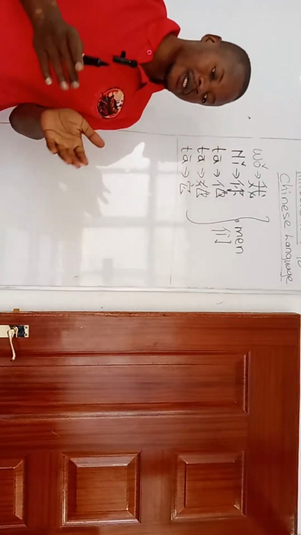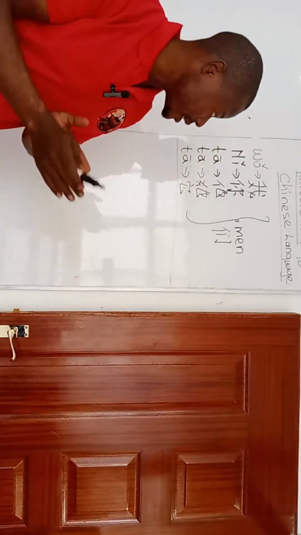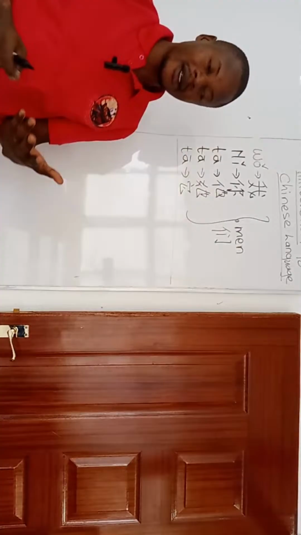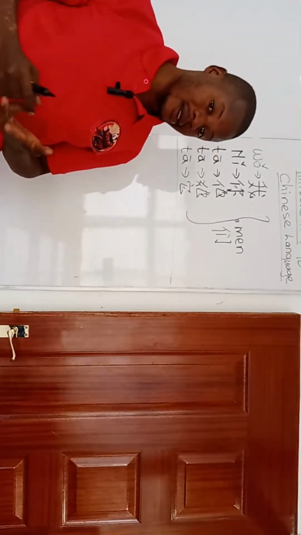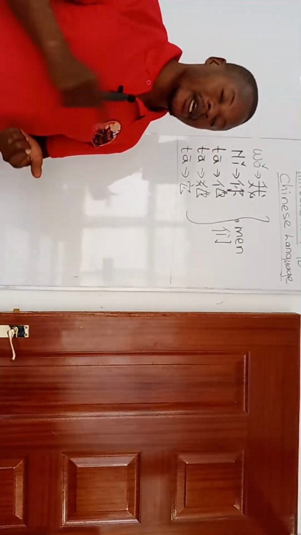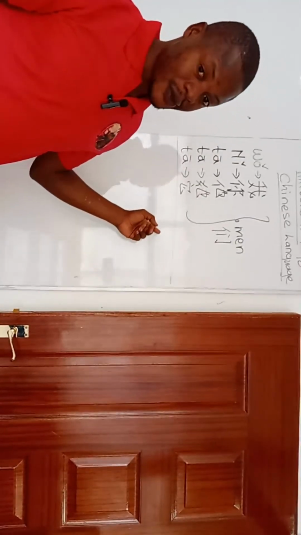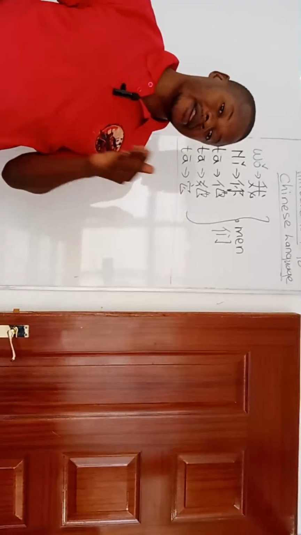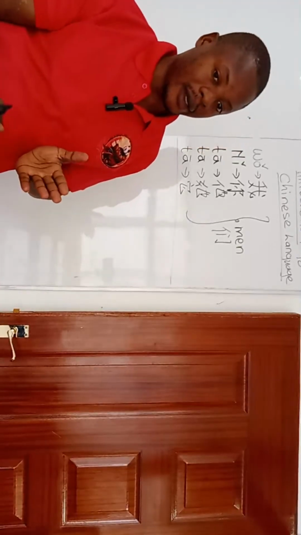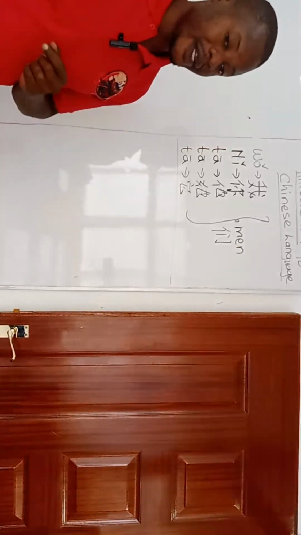Those are the main things that we look at in the Chinese language. So you have to understand where we have the nouns, where we have the verbs, where we have the demonstratives, where are the adjectives and adverbs, and then we will arrange our sentences.